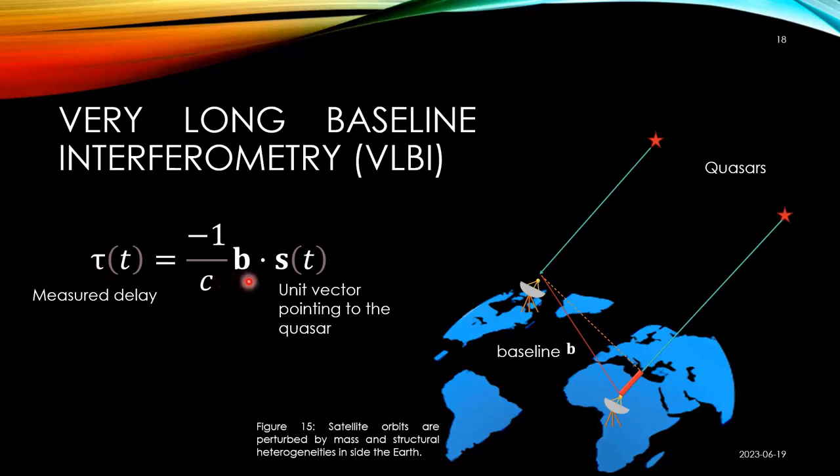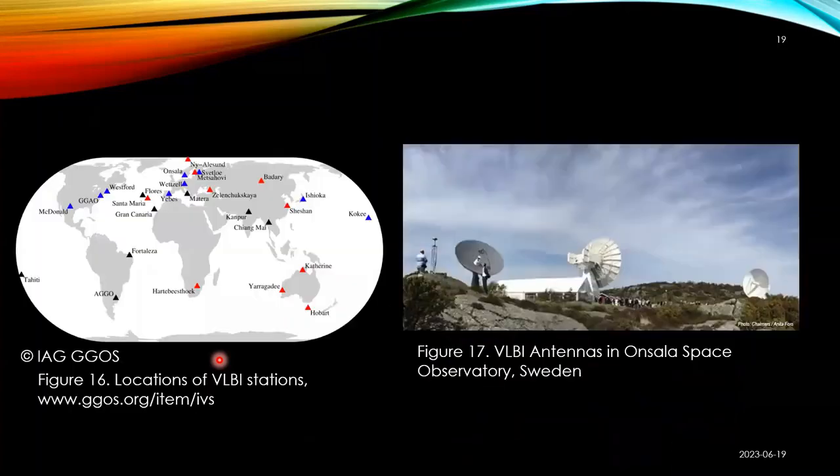And the point is that the coordinates of the celestial object are known. We know the positions of the quasars, and then we determine the baseline between the stations or radio telescopes. It means that in very long baseline interferometry, we measure the relative coordinates between the radio telescope antennas.